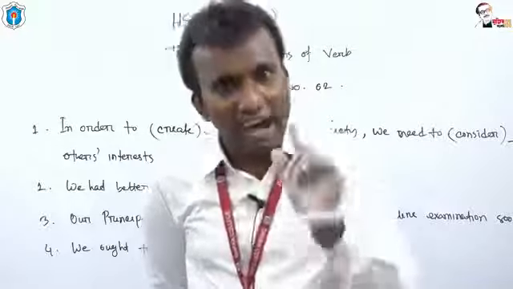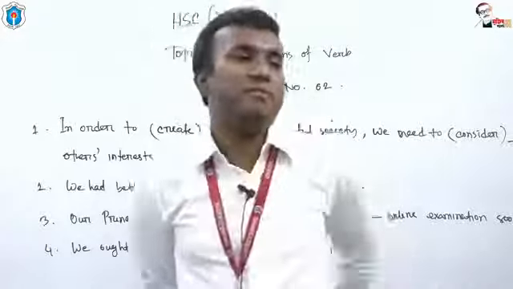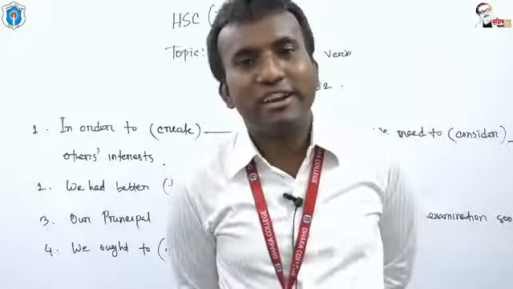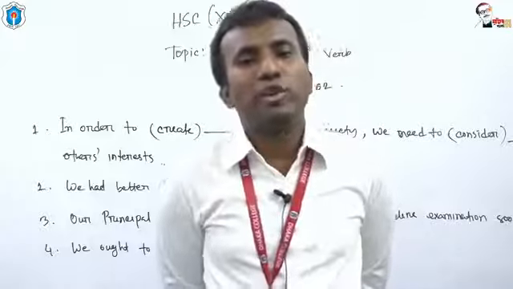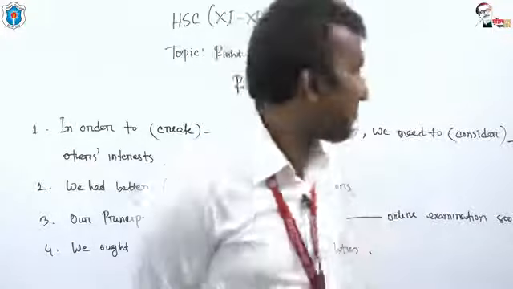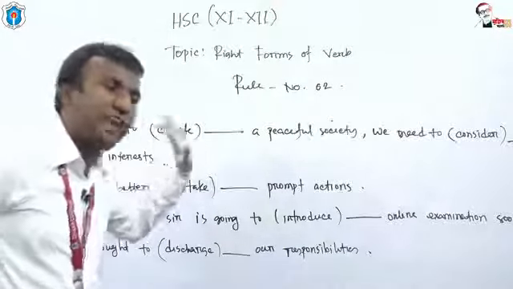After cannot but, could not but, we have to take the base form of the verb. Okay? I think you are finding it difficult to write down. I am going to write the rules for you on the board, and you are requested to note down. The first answer, in order to create, the answer is create.